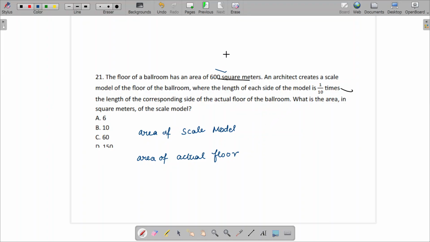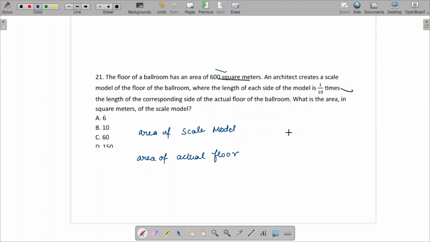Let's say there is a side length of the actual floor. Now the side length of the scale model is 1/10 times the length of the corresponding side of the actual floor.